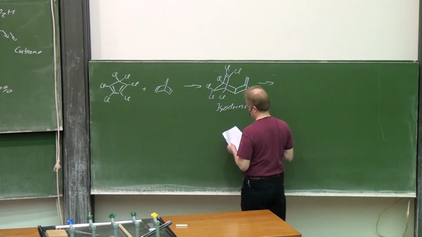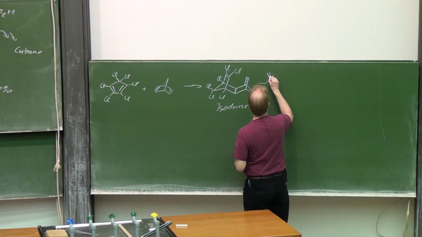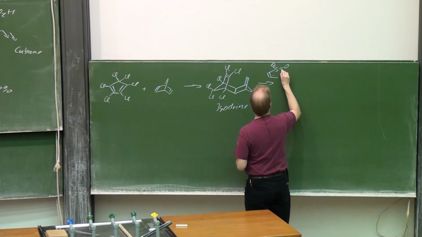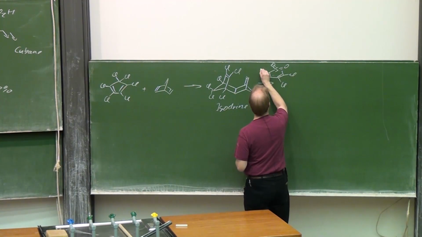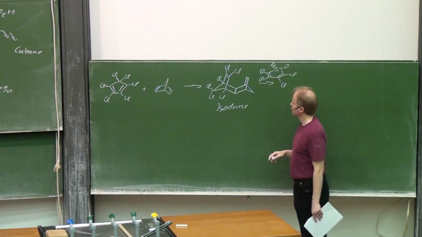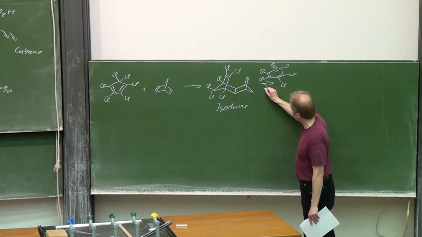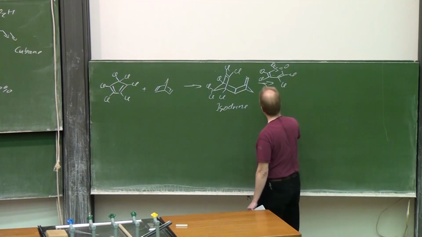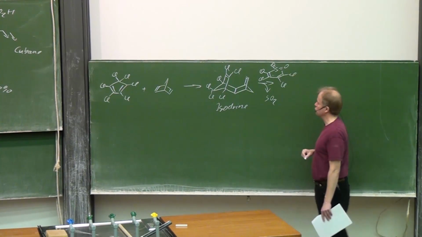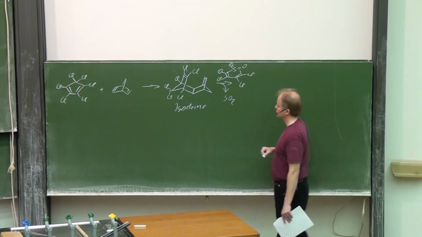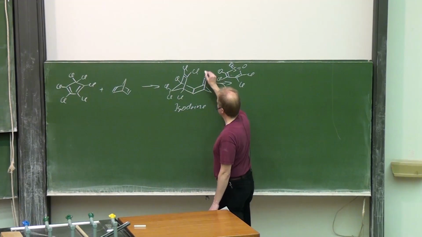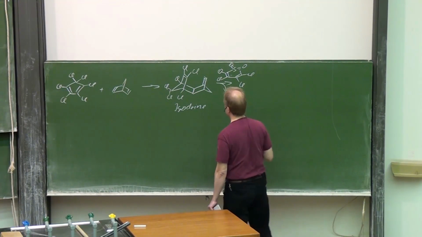Again, in a Diels-Alder reaction, now with that double bond here, losing SO2, since a benzene ring is formed here.